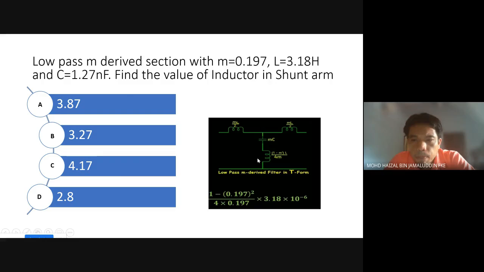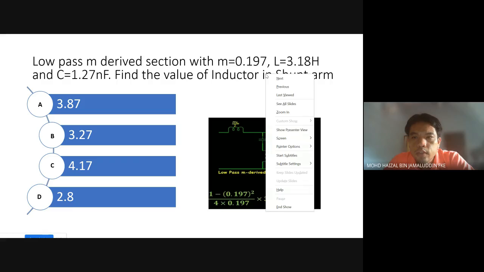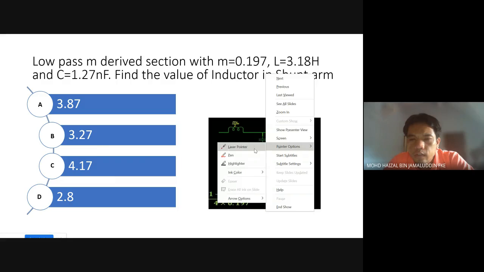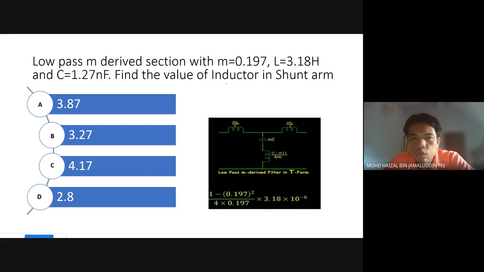So the question here asks to find the value of inductor in the shunt arm. So actually it wants you to calculate this inductor.